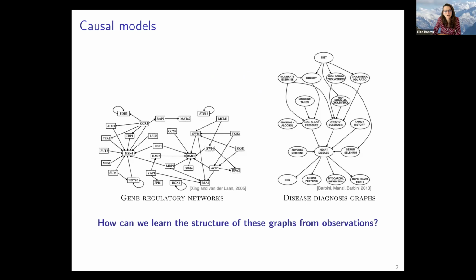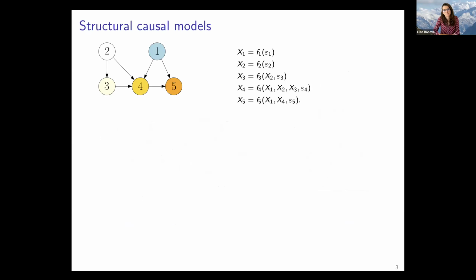All right, so we'll be working in the framework of structural causal models where we have a directed graph, and each variable xi is a function of its direct causes, or its parents in the graph, and some noise. So here, for example, x4 is f4, some function of x1, x2, x3, and the noise epsilon4. The noise terms are independent of each other.